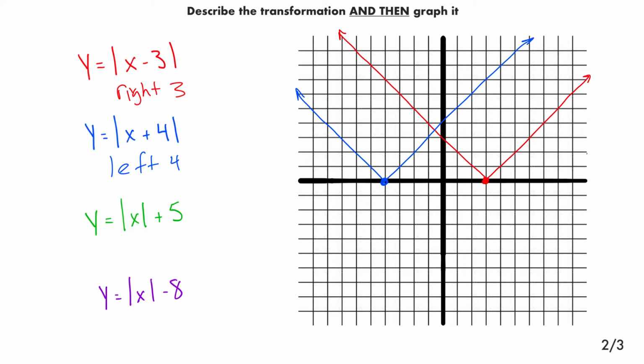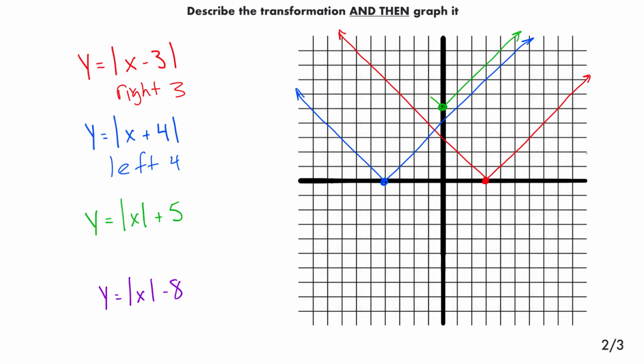Third, now we're dealing with addition and subtraction that's on the outside of the operation, that's on the outside of the absolute value sign. So now I have a plus 5. Now if it was on the inside, it kind of does the opposite. A negative makes us move right, a positive makes us move left. When it's on the outside, it does exactly what you'd think it'd do. A positive is going to make us go up 5.